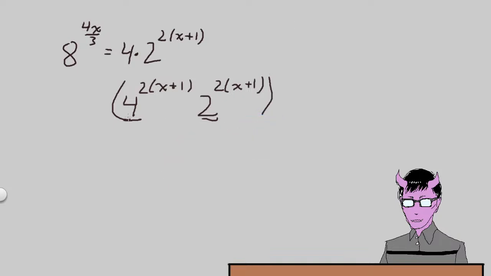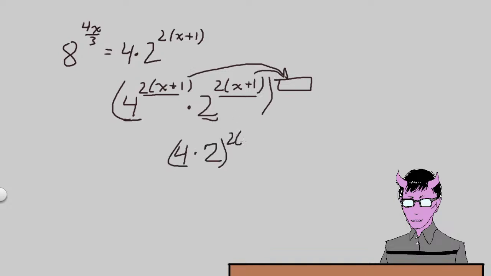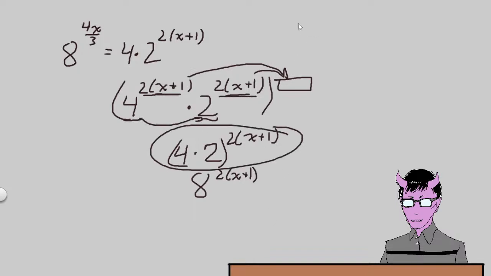Once you acknowledge that this exponent is the same as that exponent, you can factor it out from both of them, and then you will get in the parenthetical 4 times 2, exponent 2(x plus 1). Multiply the innards, you get 8 to the power of 2(x plus 1). Then it's a safe thing to do. So that's why the shortcut rule works. If you have matching exponents, you can just multiply the bases, because that's the mechanic for it.